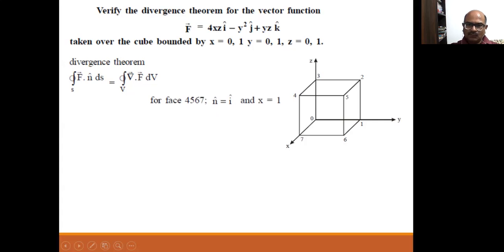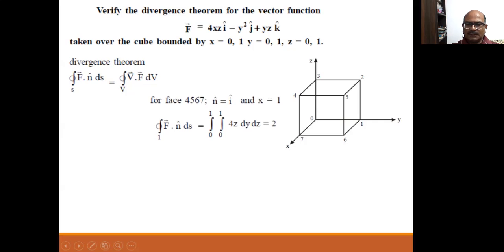Now if we see the face 4, 5, 6, 1, suppose this face is towards me, the direction is n equal to i cap, in the positive x direction, and the value is x = 1. So F dot n for the first part is 2.